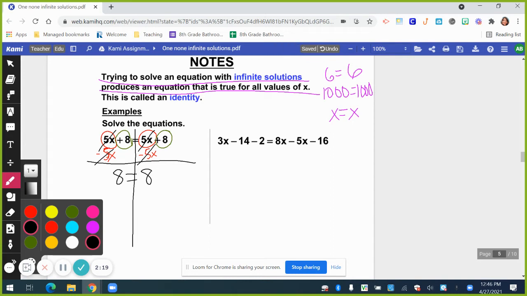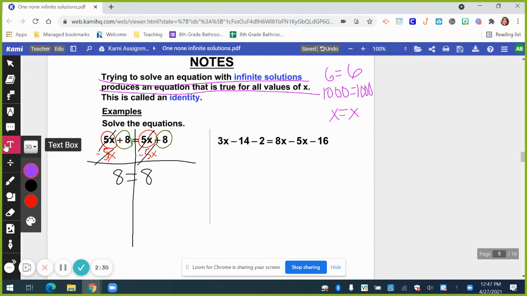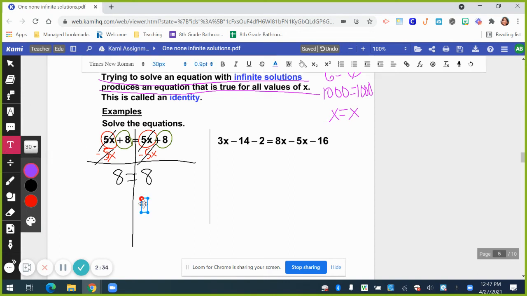Now, does 8 always equal 8? Yes. That means it's going to be true for all values of x. So your answer for the one on the left would be infinite solutions, or you could say infinitely many solutions.